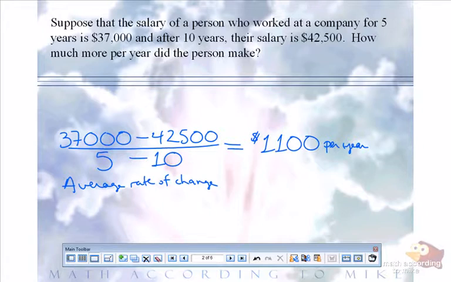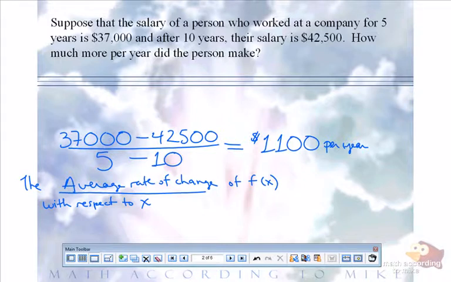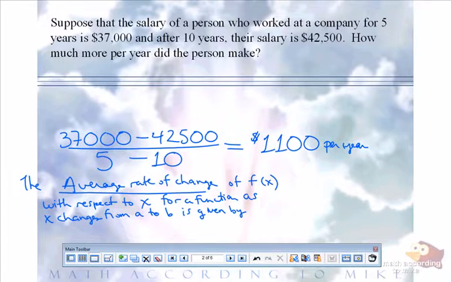I'm not kidding. So the average rate of change of f of x with respect to x, for a function as x changes from a to b, is given by, so again, this is just your slope formula.